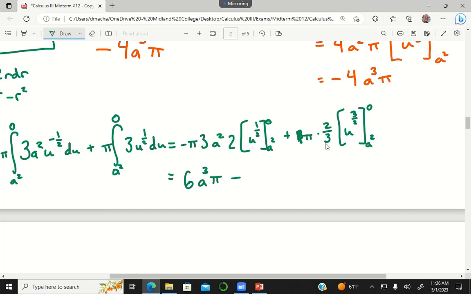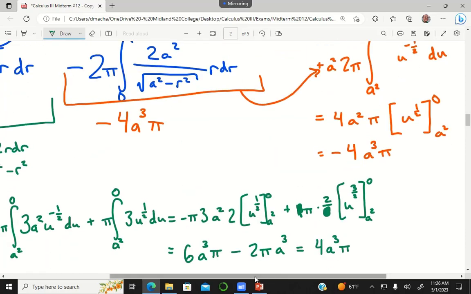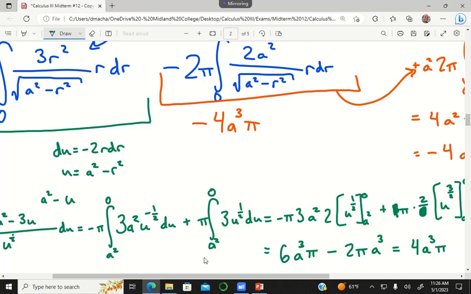The 3 cancels with the 3, and then I get 2 pi times a cubed. So this all together is 4a cubed pi. And that's the value of the green integral that I started solving over here. And so this whole green part is positive 4a cubed pi.